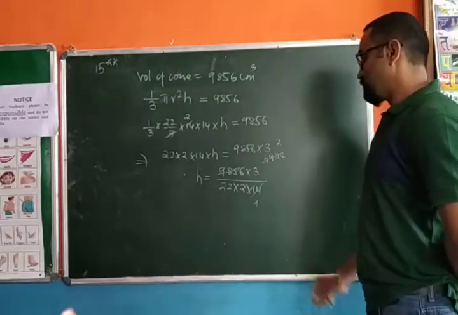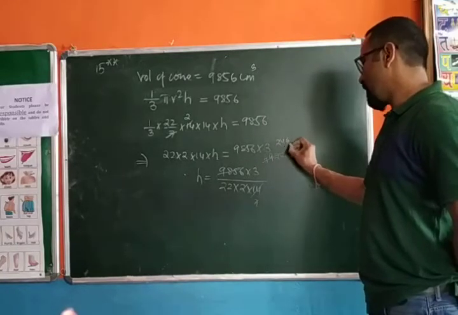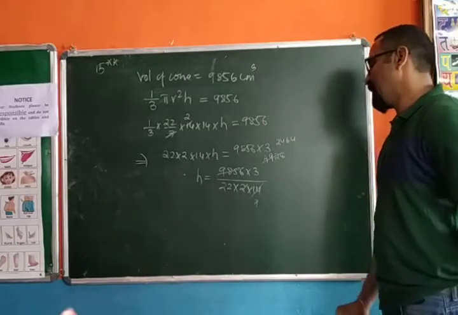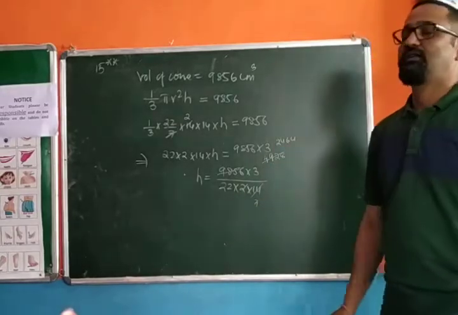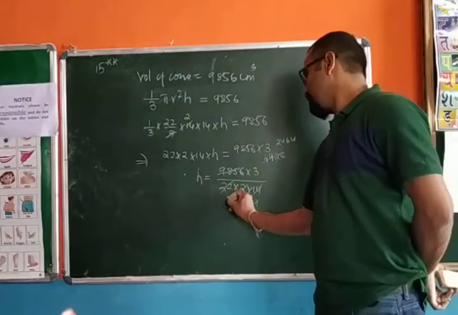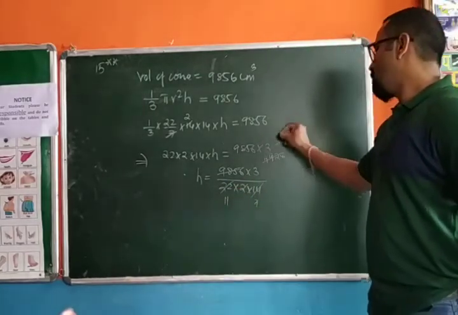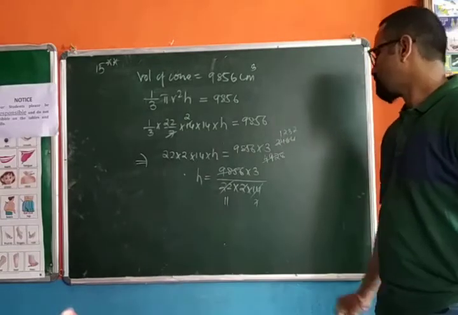2 times 4, 2 4 times 8. 2 6 times 12. 2 4 times 8. You can cancel by 11, or you can cancel by 2 again, no problem. 11 1, 2, 3, 2.